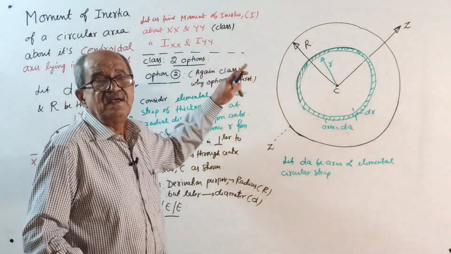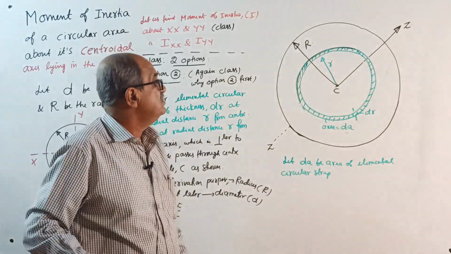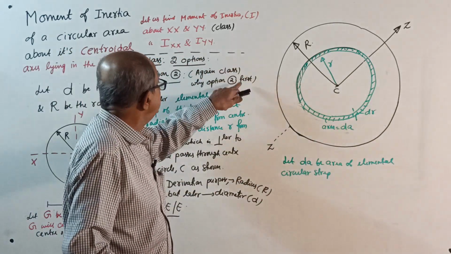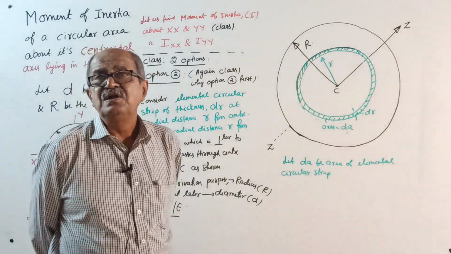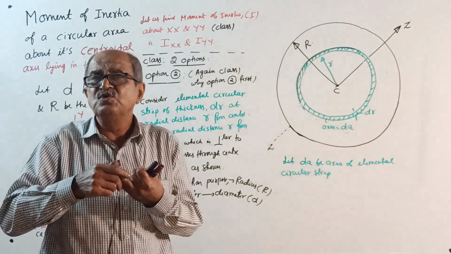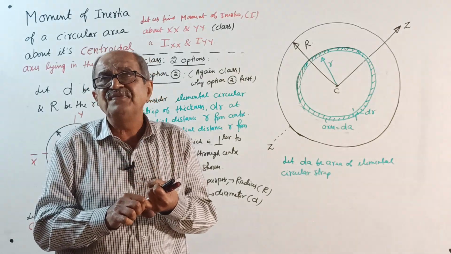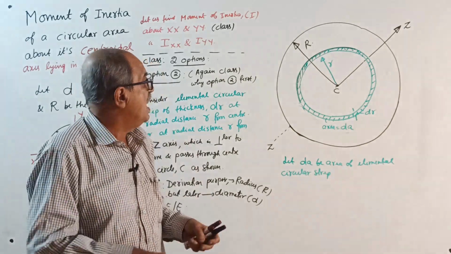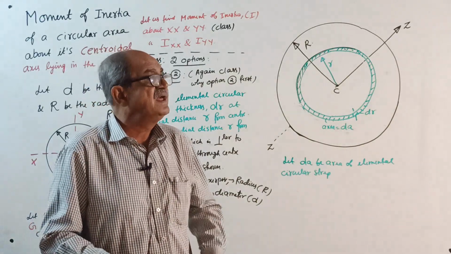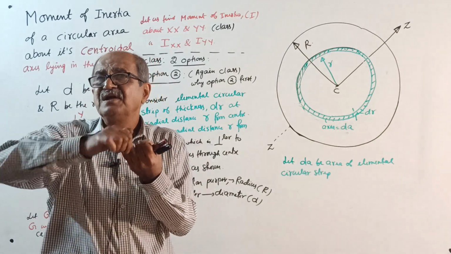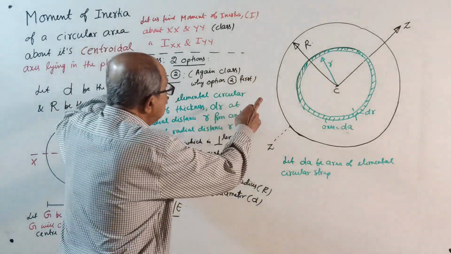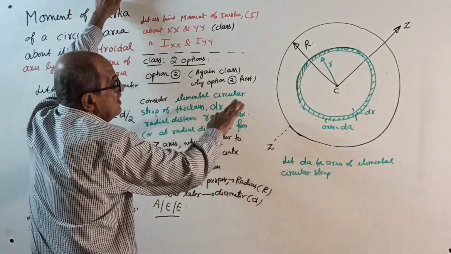One more thing: if you extend option 1 further, you will get moment of inertia not only for circle, but also for a semicircle about its diameter, and also for a quadrant of a circle if the axis passes through the center. By changing the limit of integration, you can cover circle, semicircle and quadrant in a single step.